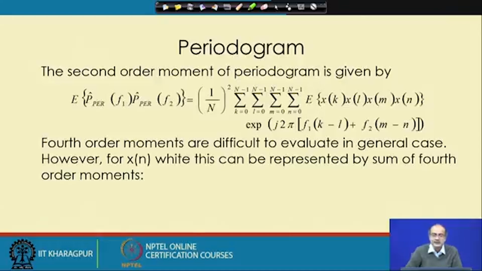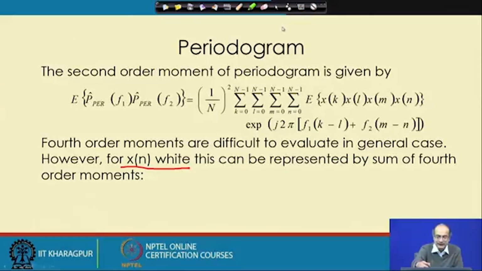So, we take an easier route, we take a very specific example where we can deal with it. If x[n] is white, if x[n] is a white noise, then this expression becomes much more simple and tractable.